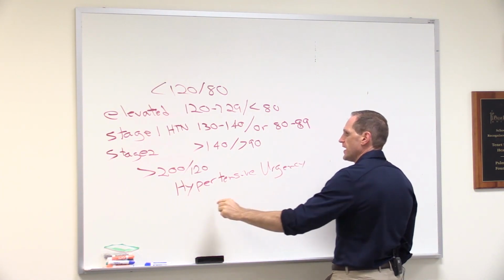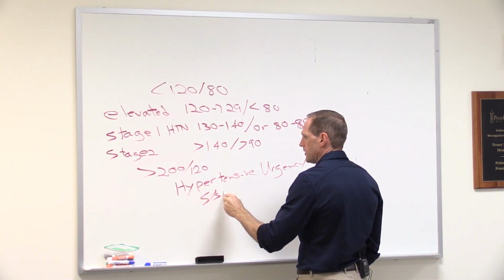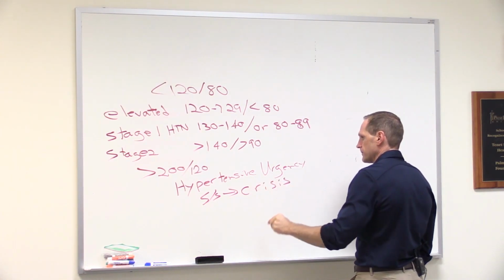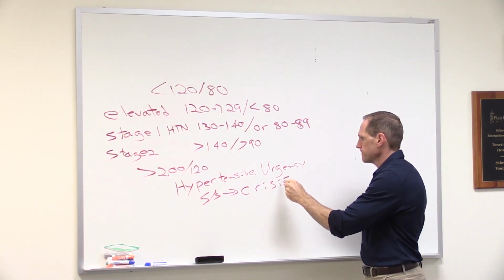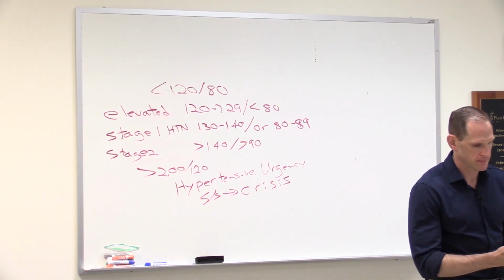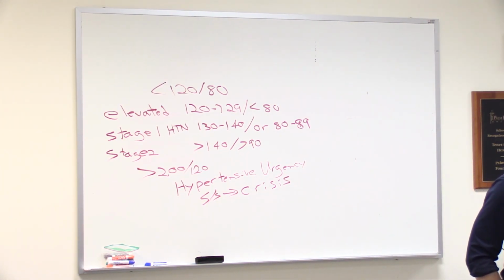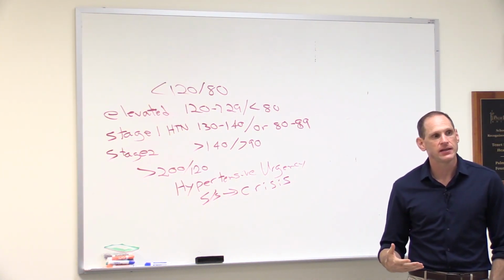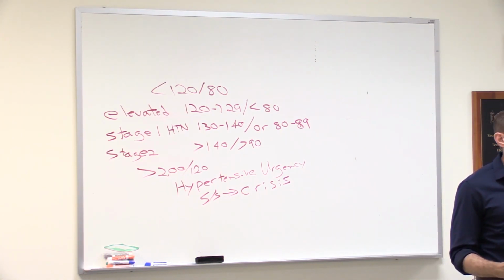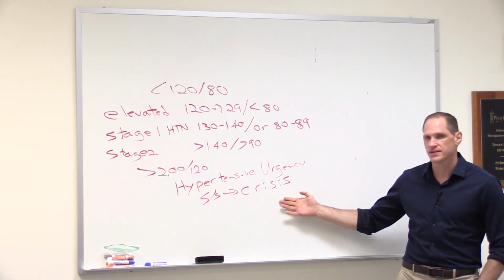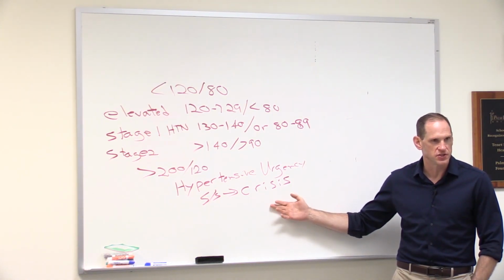And if the patient has signs and symptoms, then it's crisis. So hypertensive urgency doesn't necessarily need emergency treatment, although it often is treated emergently. But hypertensive crisis always needs emergency treatment.